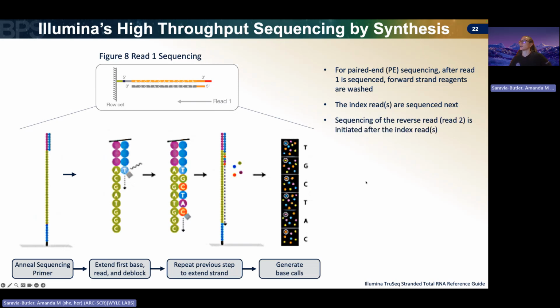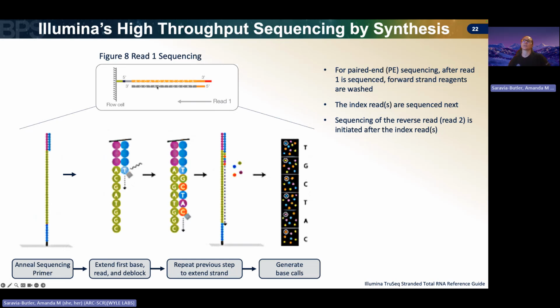And then after that, sequencing of the reverse read is going to be initiated after your index reads. How that happens is this forward template is going to fold over, bind, and hybridize to its complement to create a copy in the reverse direction.